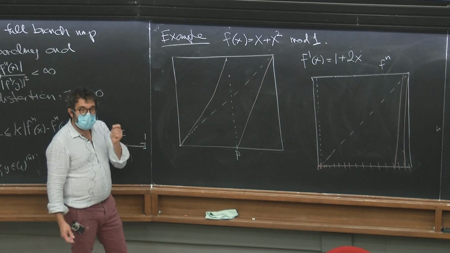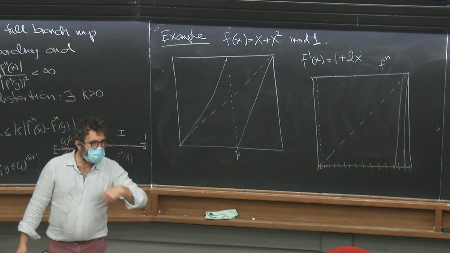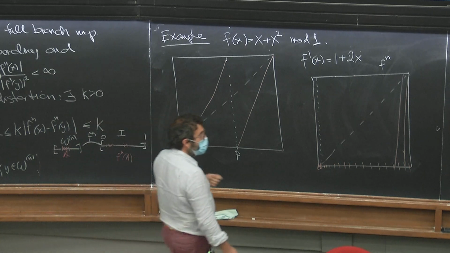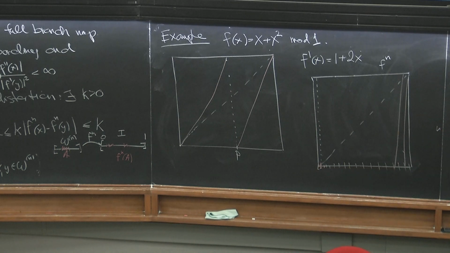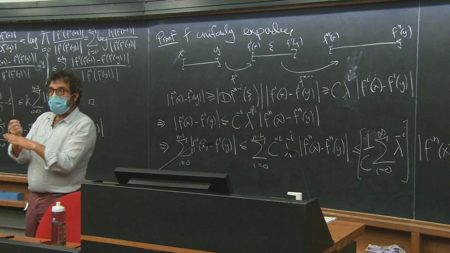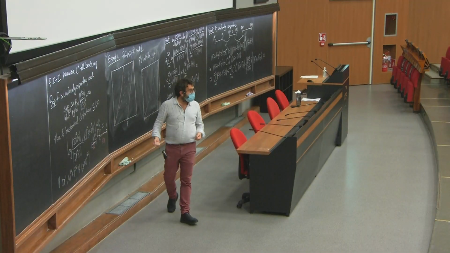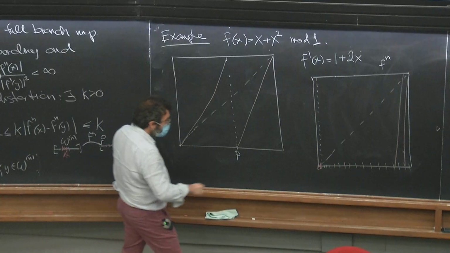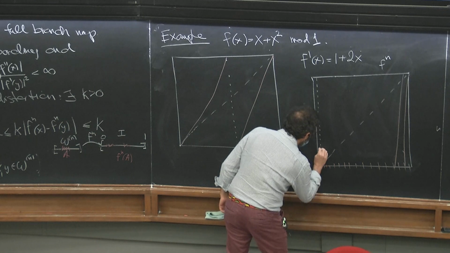By the chain rule, it's just the product of 1s, so it's still 1. Usually, if you have a fixed point where the derivative is 2, then the derivative of the second iterate of the map at that fixed point is 4, because you multiply the derivatives by the chain rule. Here also you multiply the derivatives, but because it's 1, it stays 1.